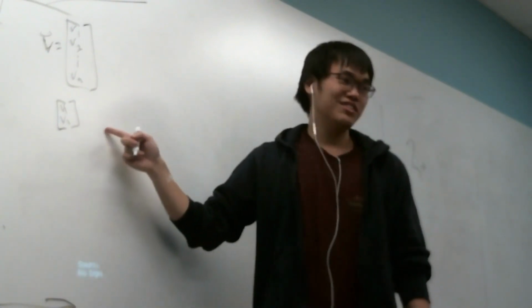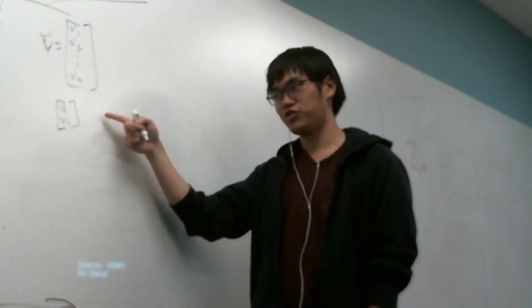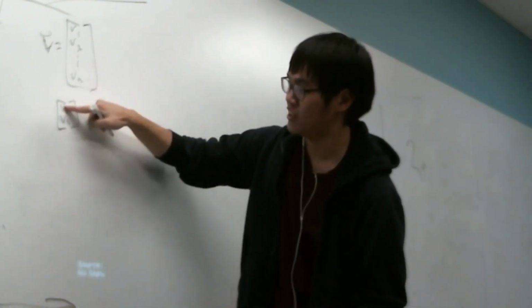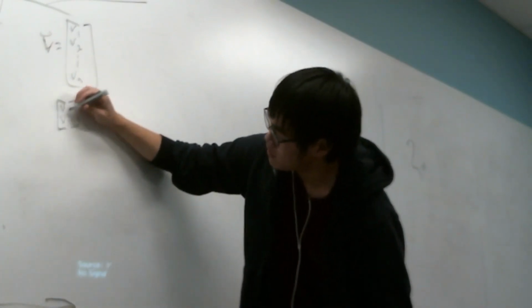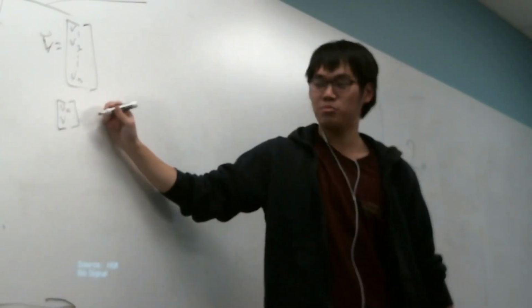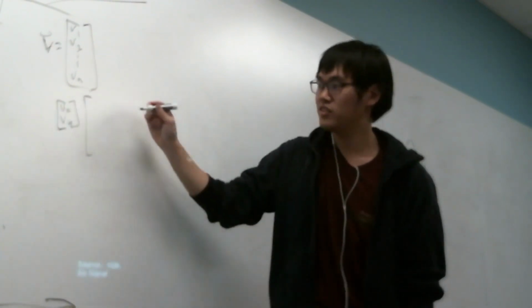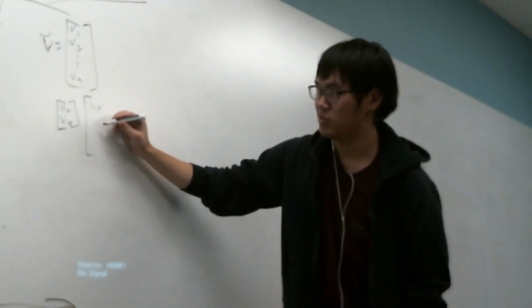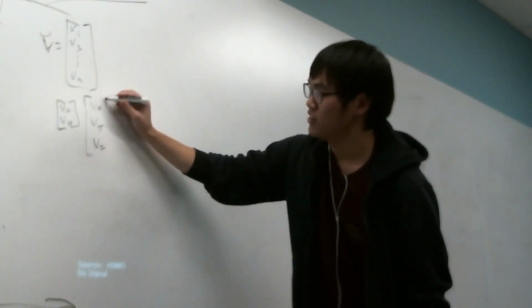But we like to interpret it, instead of just entry 1 and entry 2, as the x component and the y component. And for 3D vectors, it would be the x component, y component, and of course there's a z component now.